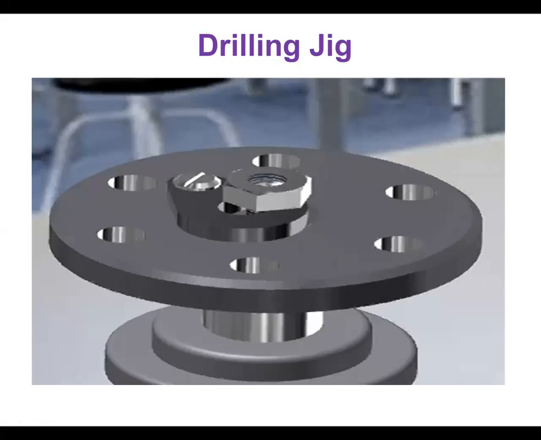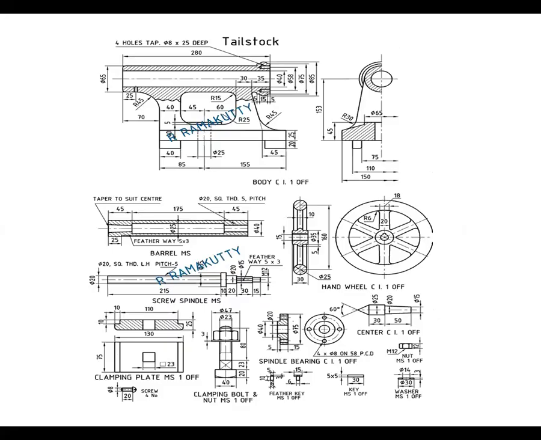Today we are going to conduct a lecture on assembly to detail drawings of drilling jig. In previous lectures, we have completed a number of topics, a number of drawings which are related to assembly to detail drawings.